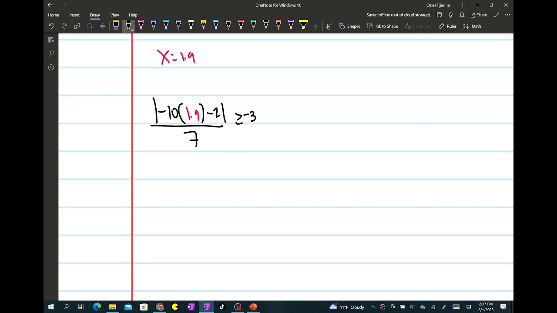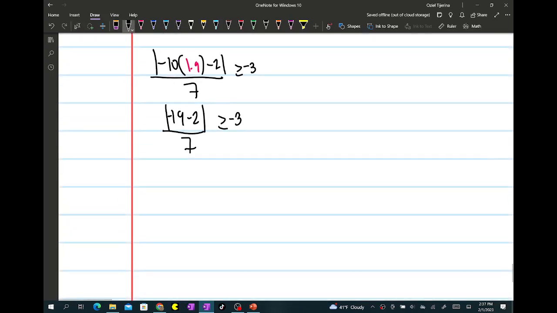So when I do that, I get, I believe this is 19 minus 2. Actually, it'll be negative 19 minus 2. Negative 19 minus 2 all over 7 is greater than or equal to negative 3.